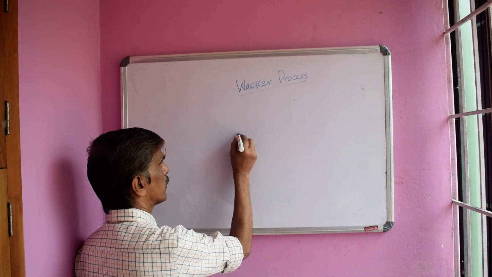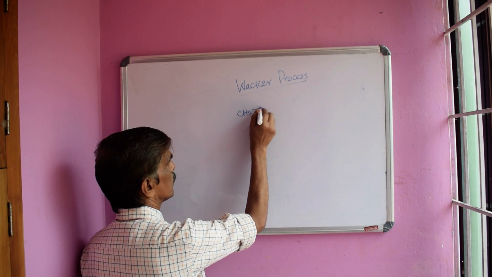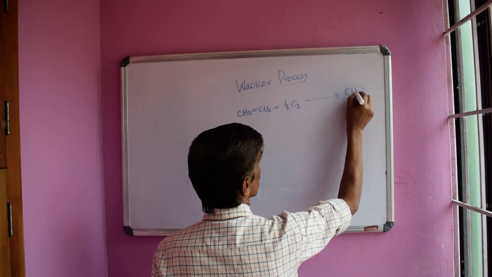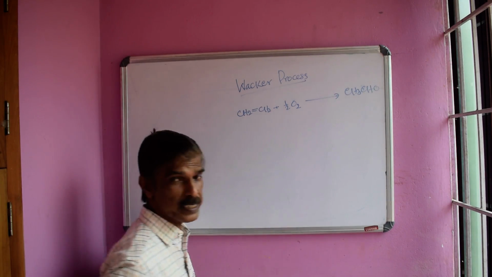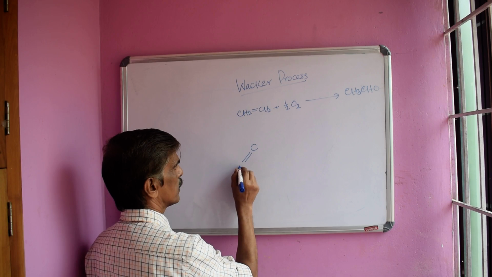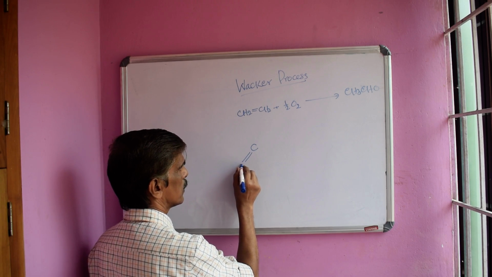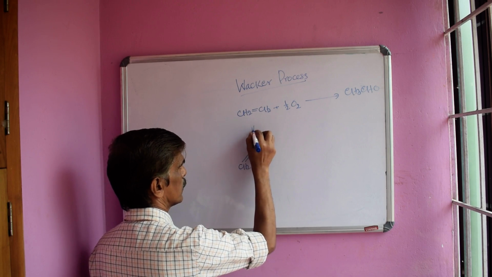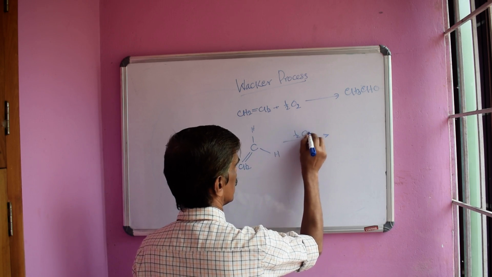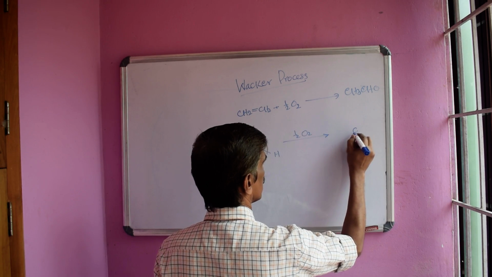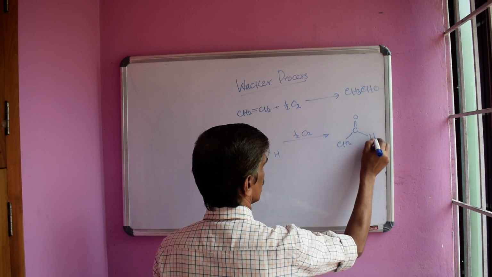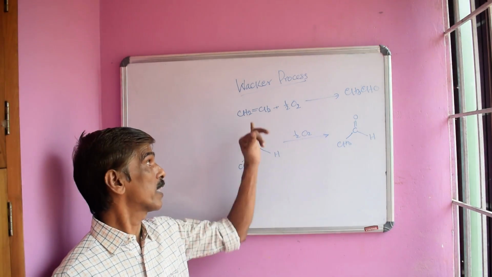That is, you can write CH2=CH2 plus a half O2 giving CH3CHO. Write it like this, or whichever is comfortable, either like this or like this.